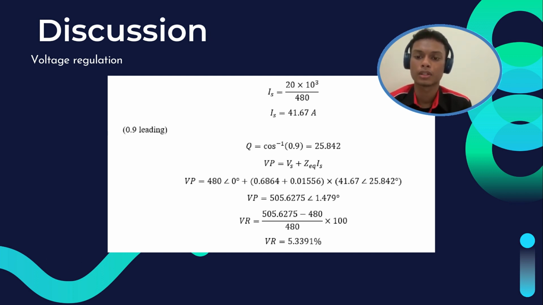So from the given values, we get I_S, which is 41.67, the value of theta is 25.842 degree, and the value of V_P is 505.6275 with angle 1.479 degree. So the voltage regulation is equal to 5.3391%.